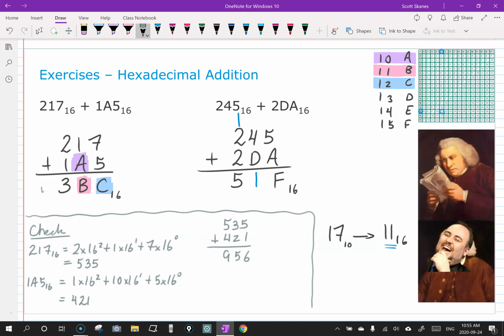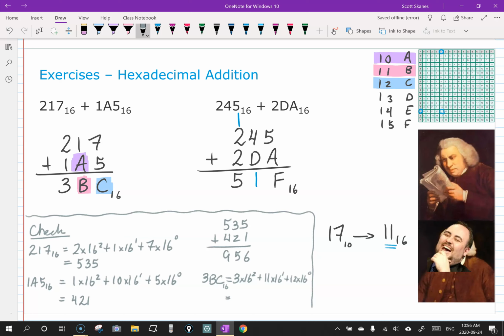And then I'm going to take this answer that I got, 3BC, change that into a decimal number, and see if it's 956. And if you really want to, you can skip this. I'm just showing you how you would check your work longhand, but it's not absolutely necessary. Just one way to check your work. And let's see what I get.